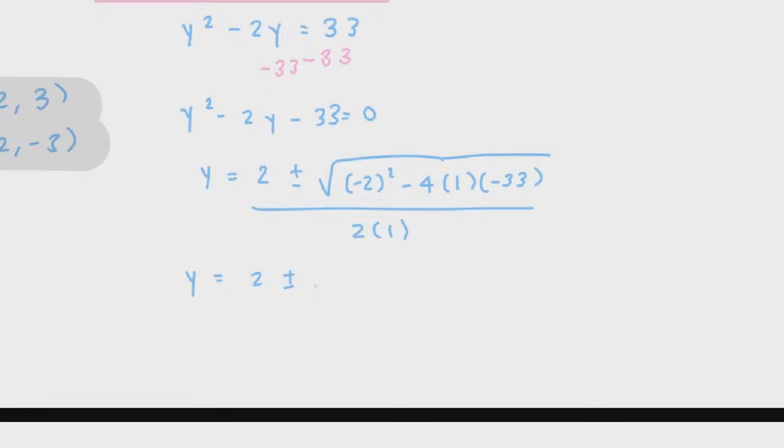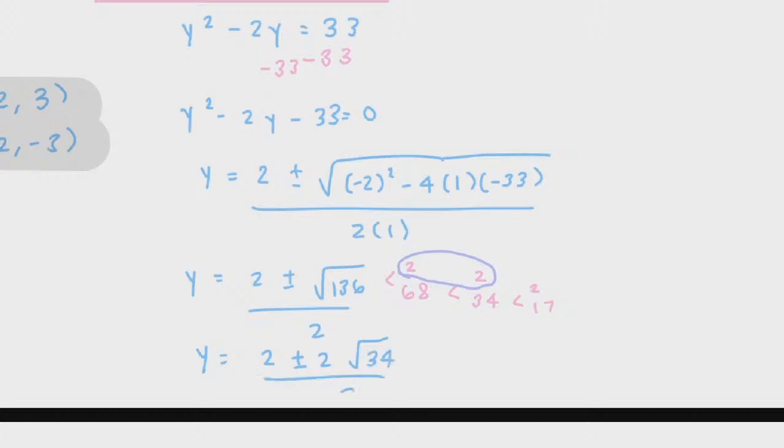So then we get 2 plus or minus square root of 136 over 2. 136 would break up into 2 and 68. 68 is 2 and 34, and 34 is 2 and 17. So there is a pair of 2's that can come out of the square root. So we get 2 plus or minus 2 rad 34 over 2. And since all three of these are divisible by 2, we can simplify this to 1 plus or minus square root of 34.